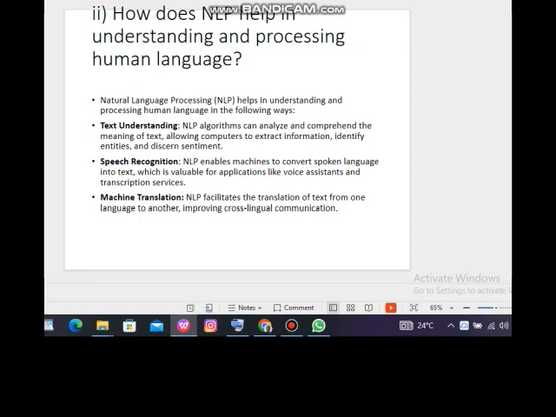Speech recognition. NLP enables machines to convert spoken language into text, which is valuable for applications like voice assistants and transcription services. Machine translation. NLP facilitates the translation of text from one language to another, improving cross-lingual communication.